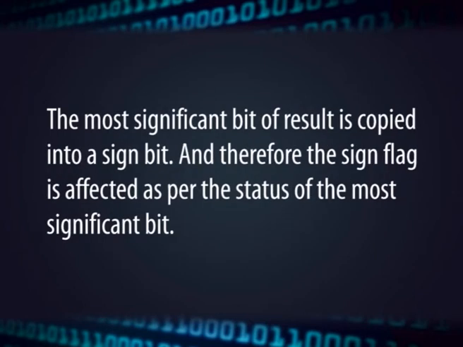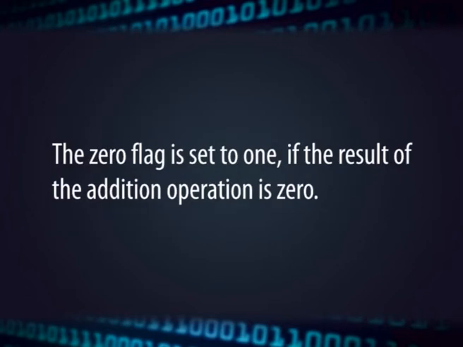The most significant bit of the result is copied into the sign bit, and therefore the sign flag is affected as per the status of the most significant bit. The zero flag is set to 1 if the result of the addition operation is 0.